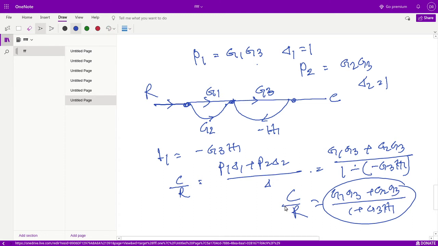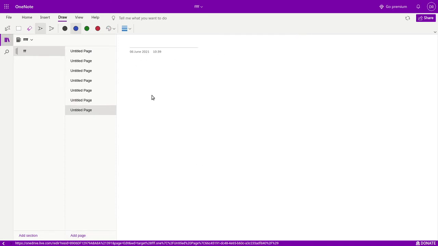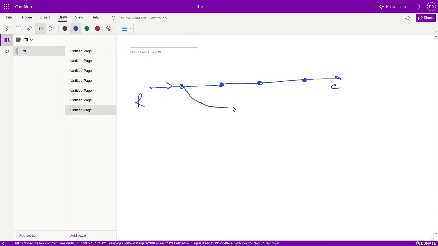Okay, so next we consider another example. Consider another signal flow graph. This is R, these are the nodes, and this is the output and this is the input, and from here to here there is one feedback present, minus H1.